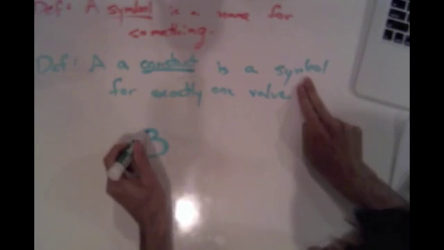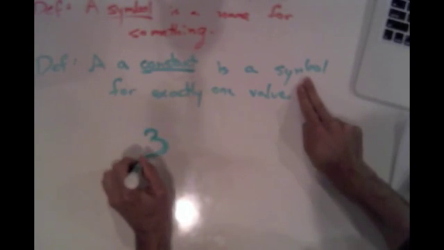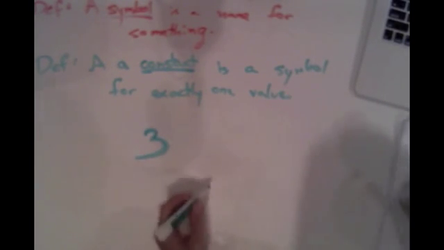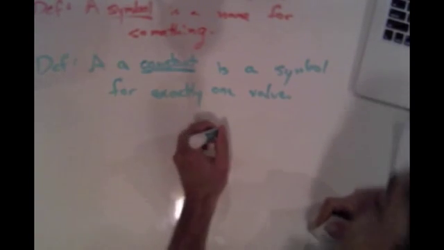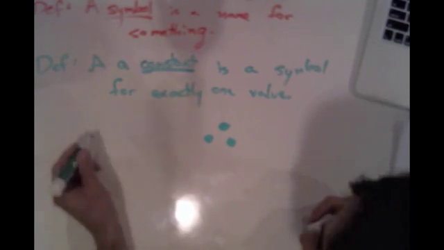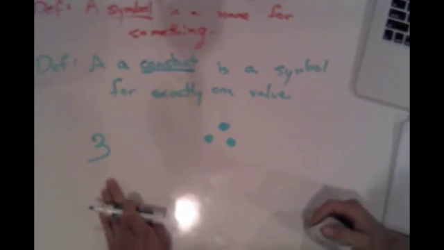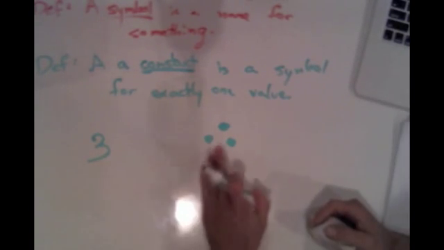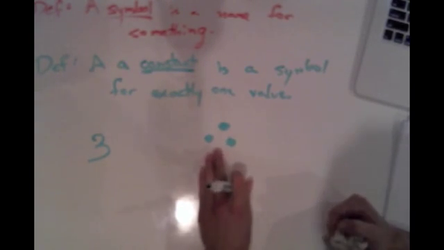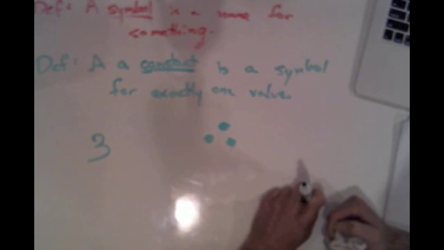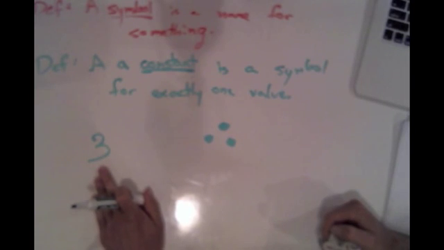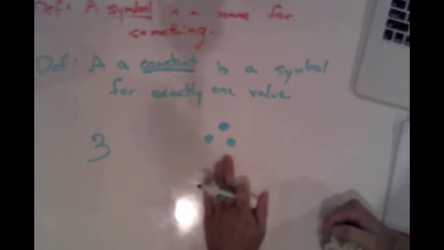This literal shape that I draw, whenever I see this shape, I know it stands for the concept of 3. Therefore, this shape is a symbol. Now, because this symbol stands for the concept of 3 and not anything else, it stands for exactly one value. So it's a constant. Whenever you see this, you always know that I'm talking about 3.